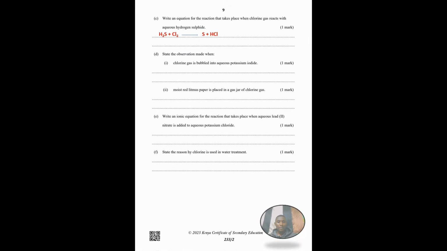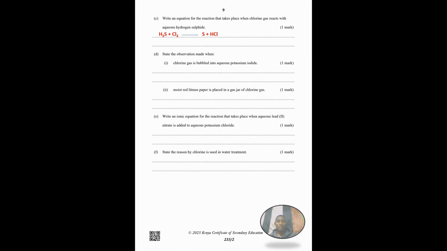Part D, you state the observation made when chlorine gas is bubbled into aqueous potassium iodide. So this is the issue of single displacement. In this case, chlorine is a more reactive gas compared to iodine.